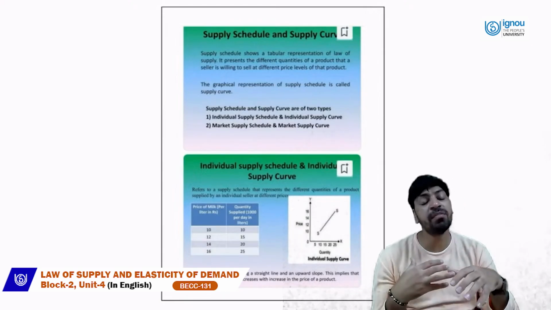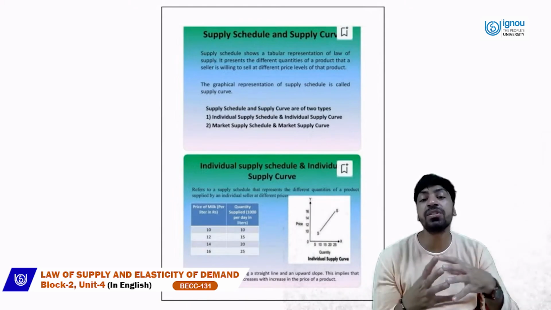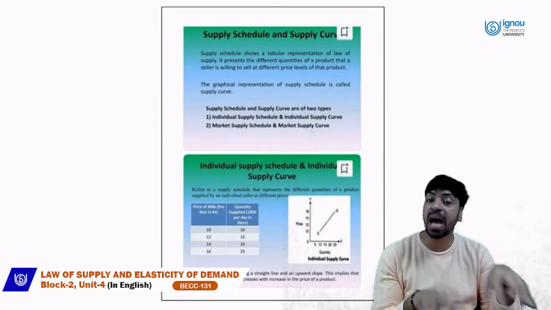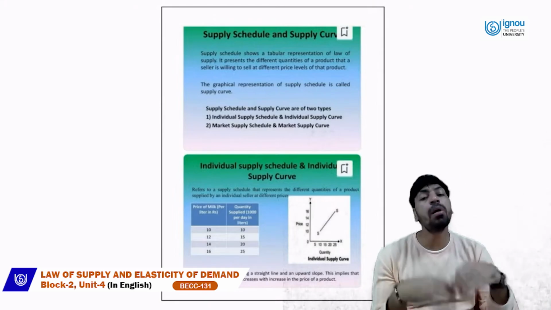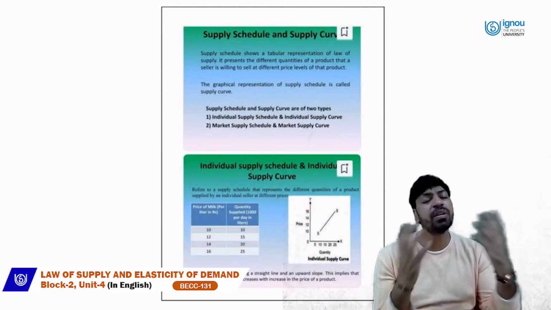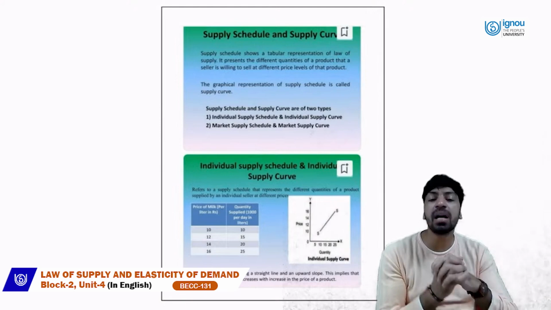The market supply schedule refers to the different quantities of a product supplied by suppliers, producers or sellers at different price levels during a particular period of time in a given market.